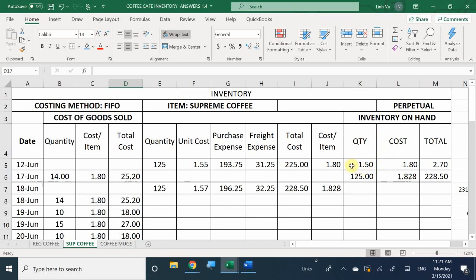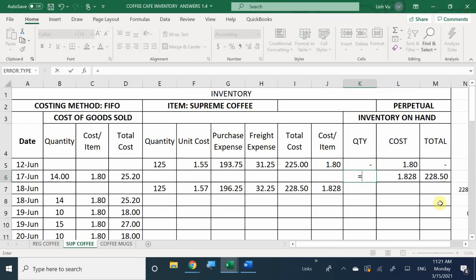So here I have 0, right? I have nothing there. And if I started with 125 pounds and I used 14.5, what should be my total here? 110.50.